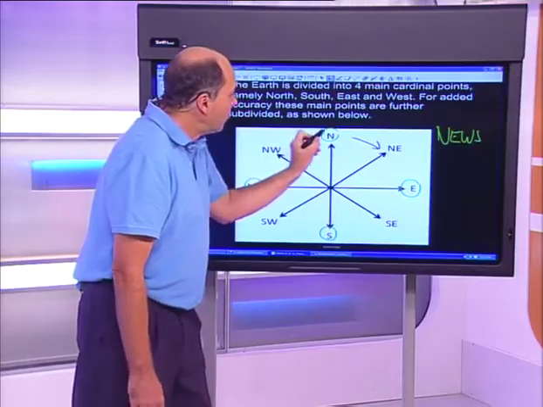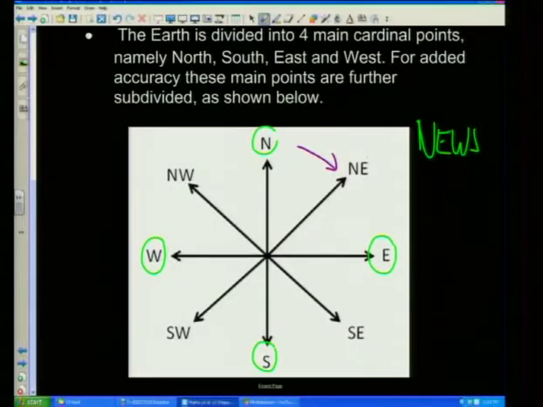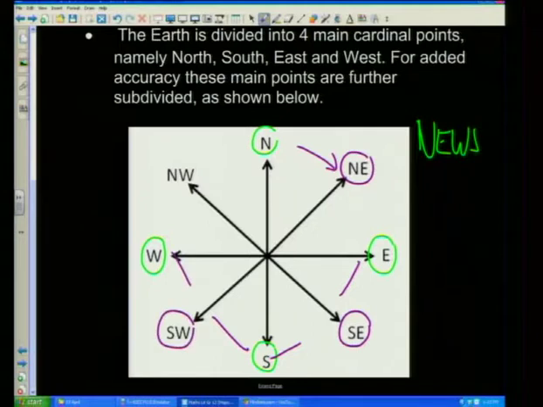So remember, between north and east, we get northeast. Between east and south, we get southeast. Between south and west, we get southwest. Between west and north, we get northwest. Now, obviously, you can divide them into smaller bits as well. You can divide them smaller than that, but that becomes quite tricky.